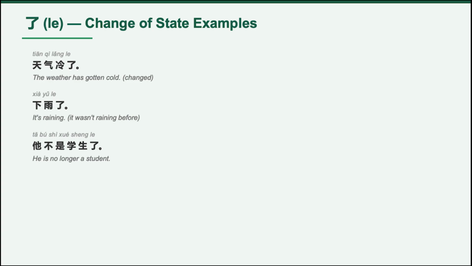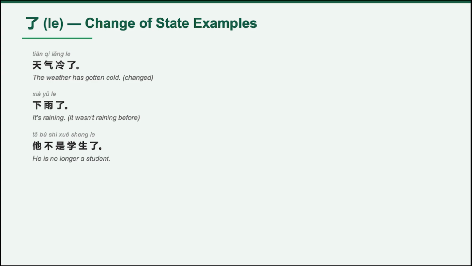Now let's look at another type of le, change of state. For example, 天气冷了. The weather became cold, meaning before it wasn't cold, now it is. Again, change of state. Another one. 下雨了. It's raining now. Before, it wasn't raining.